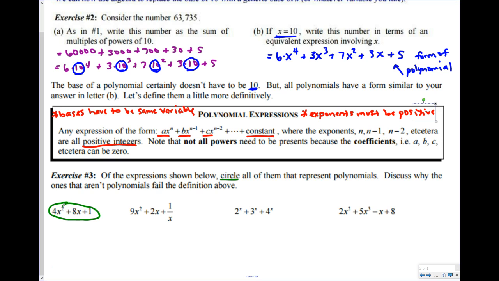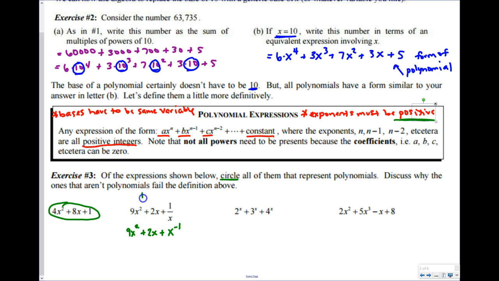Okay. The second one, 9x squared plus 2x plus 1 over x. Well, what if I rewrite this as 9x squared plus 2x plus x to the negative 1? Whenever you have a variable in the bottom, don't you agree that this is the same thing as saying x to the negative 1? If we had x to the negative 1, we'd flip it and put the x on the bottom, correct? So this is really important. Now this fails this right here, where you see how it says exponents must be positive?